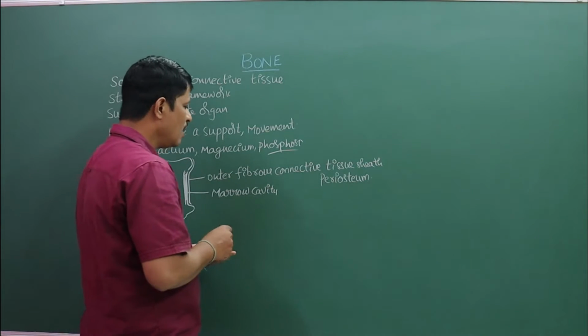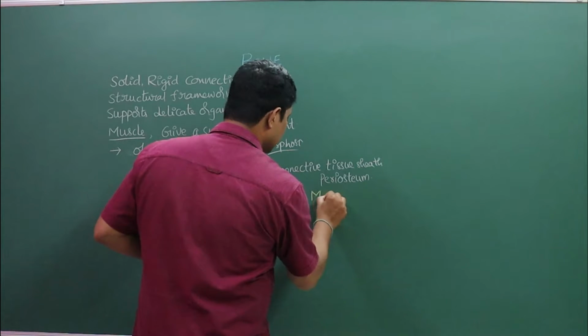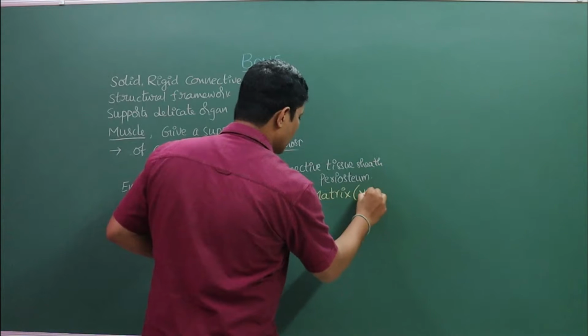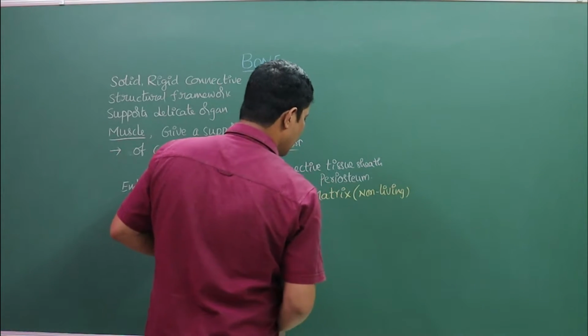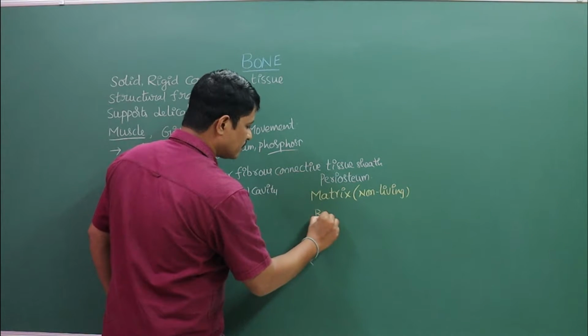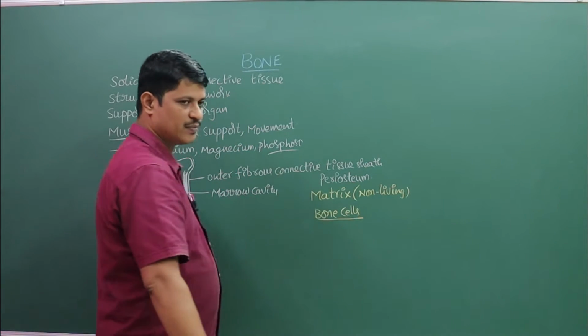In between the periosteum and endosteum, the matrix contains non-living matrix, and it also contains several bone cells. Bone cells are present in this matrix.